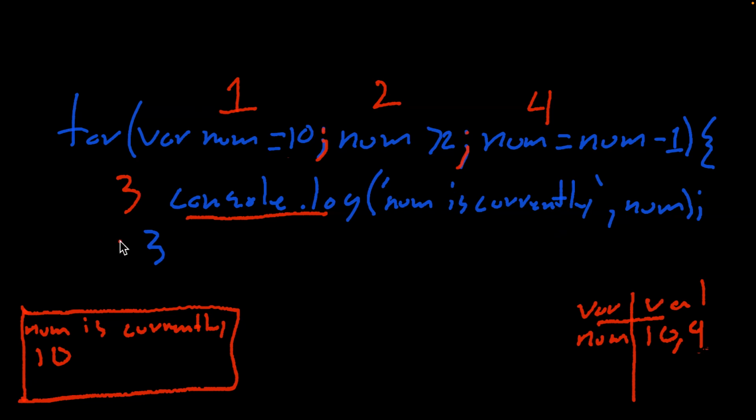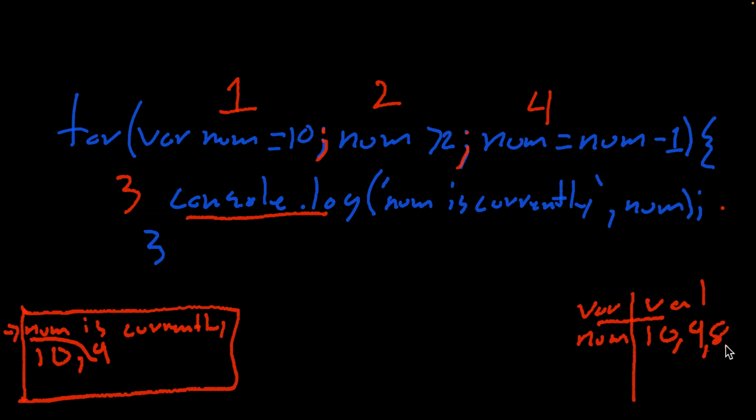We console log num is currently num. So we repeat this line here. Just pretend I'm repeating it on the console log. And that's going to say num is currently 9. This is going to be the new line. So it's going to repeat num is currently 10, num is currently 9, all the way until we get to 2.